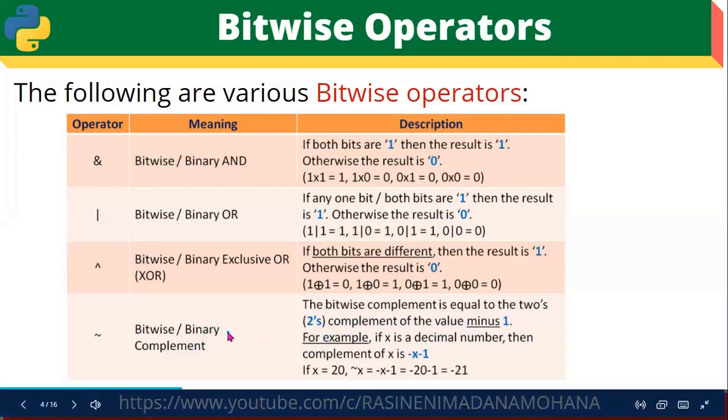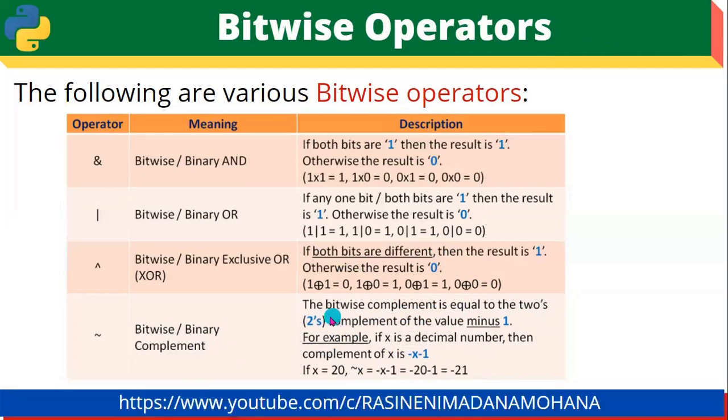Any given integer value, if you want to find its bitwise or binary complement, you can take minus of that value minus 1. So this is one formula taken from mathematics.